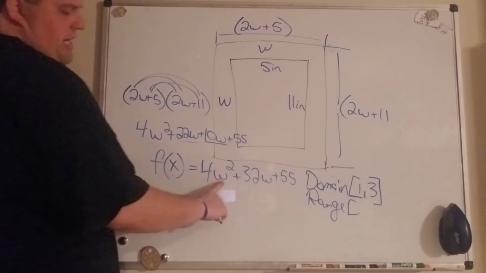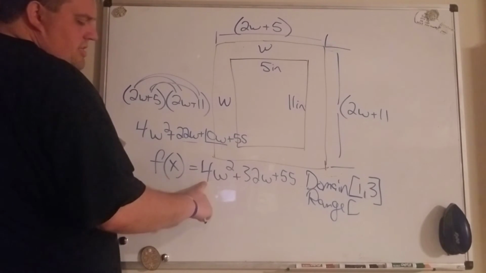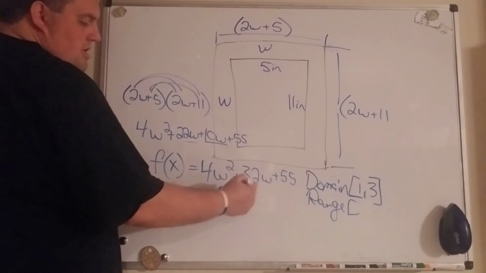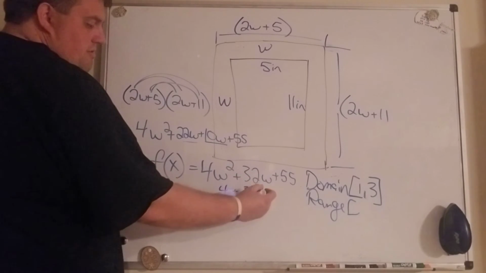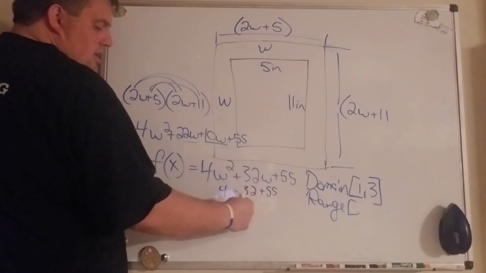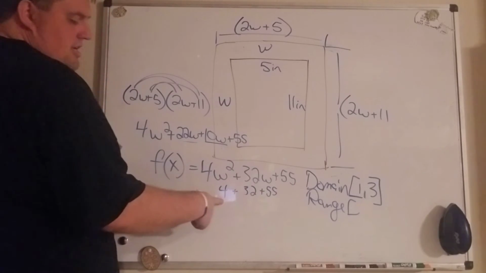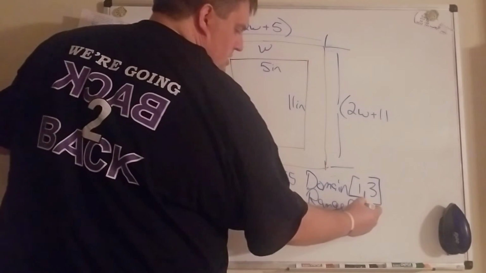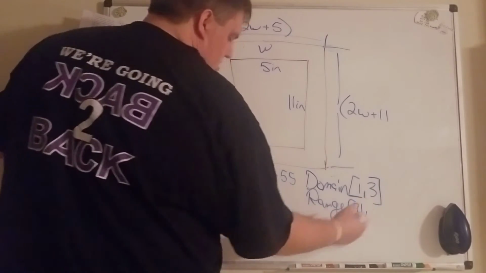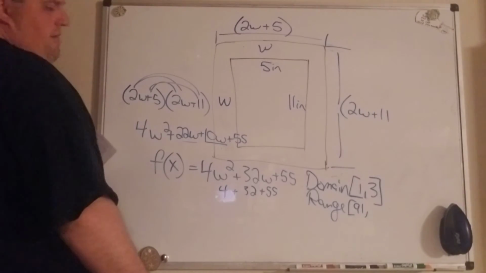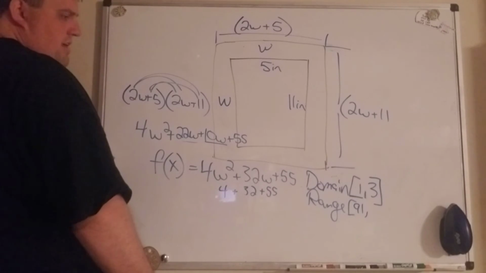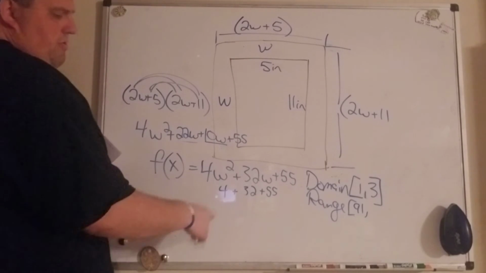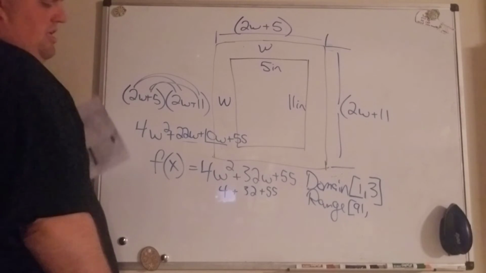So when I plug in 1 here, 1 squared is 1, times 4 is 4. 1 times 32 is 32, plus 55 is 91. So the lowest area for this is, if W is 1, we're going to have 91 square inches.